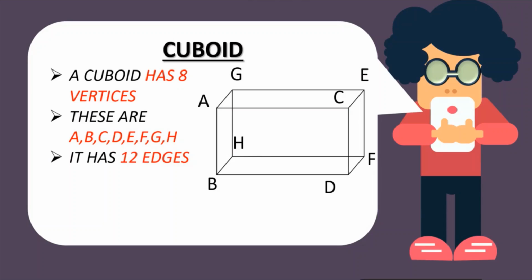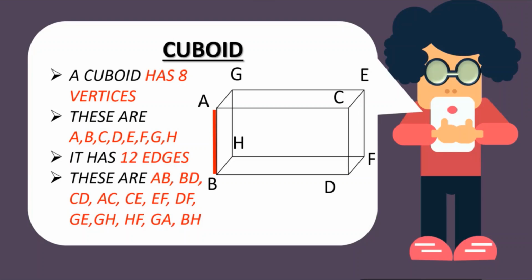It has 12 edges. What are they? They are AB, BD, CD, AC, CE, EF, DF, GE, GH, HF, GA and BH.